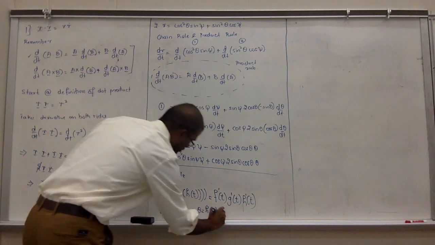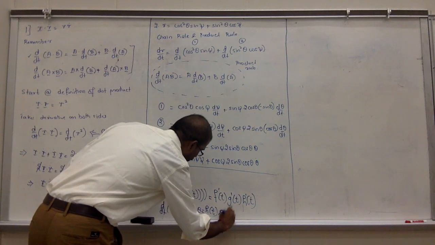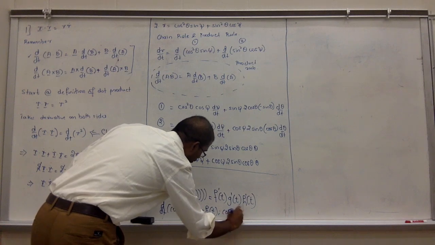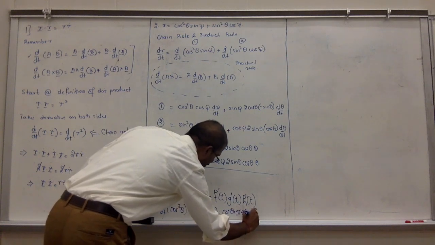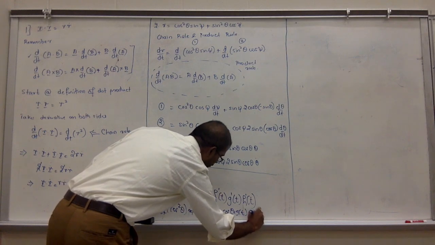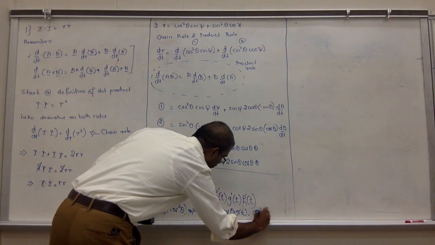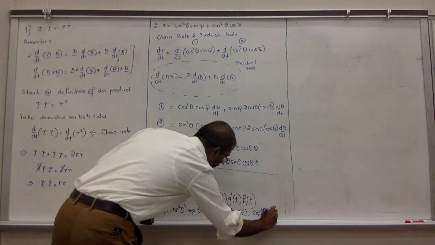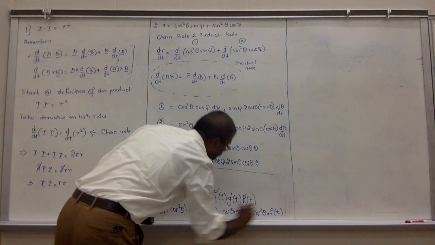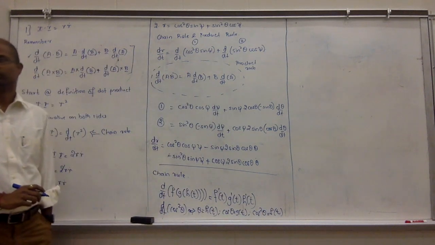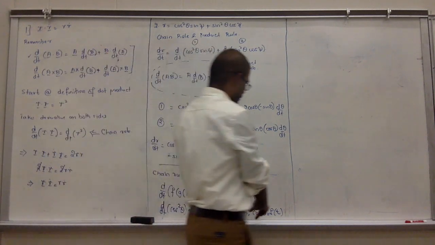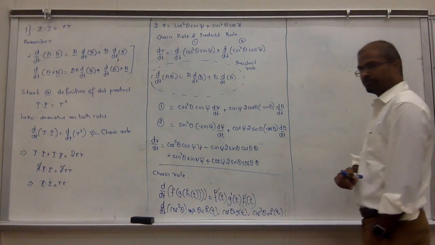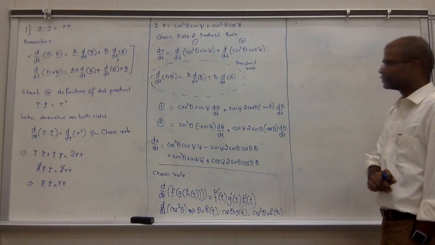Cosine theta is g of t. And cosine square is f of x. So this is how you apply the chain rule. Got it?